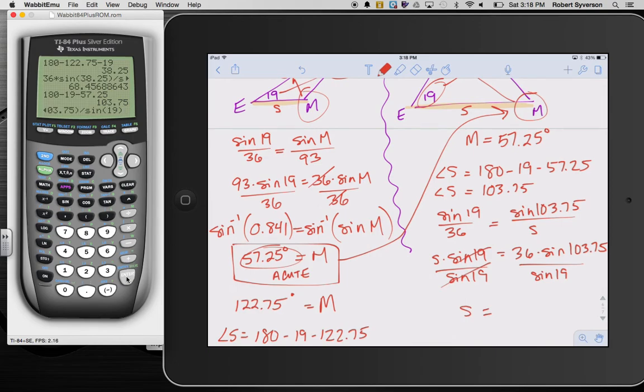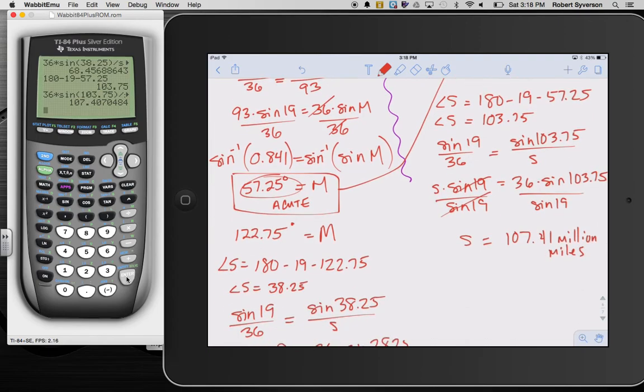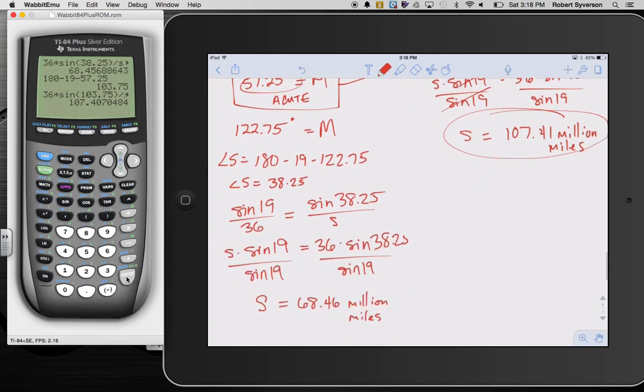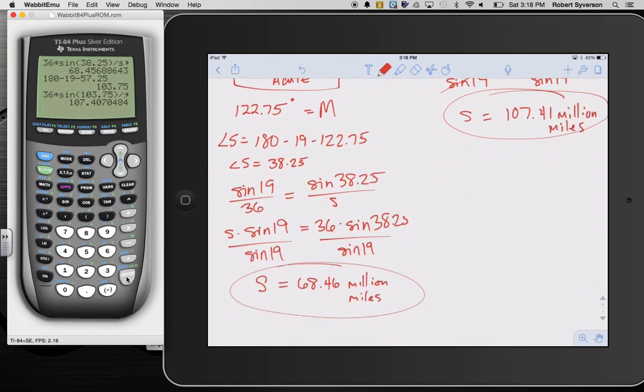Enter. Got nervous for a second. All right, we come out with 107.41 million miles. Two possibilities for the distance between Earth and Mercury.